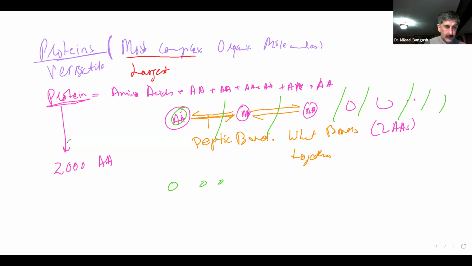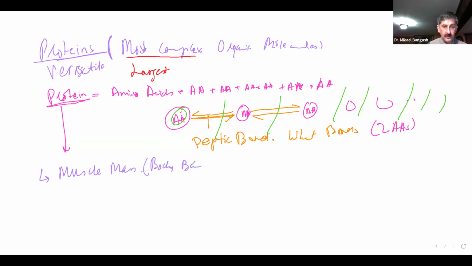So, let's put it this way: what are some of the major functions of your proteins? Now, primarily, guys, your muscle mass, your muscles, chemically, are made up of proteins. Since they make up your muscle, that's where they become, actually, bodybuilding.